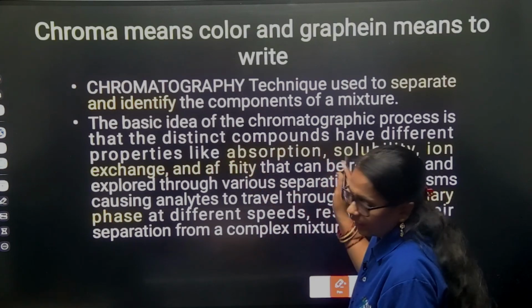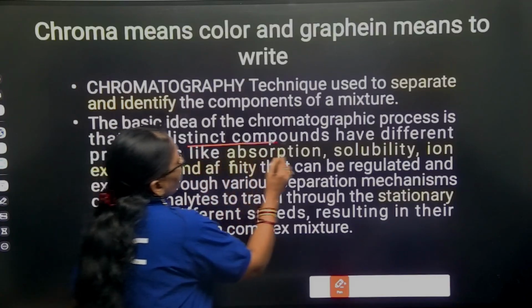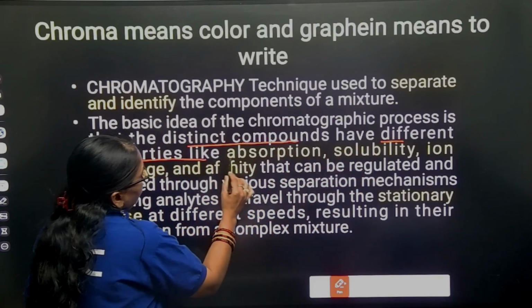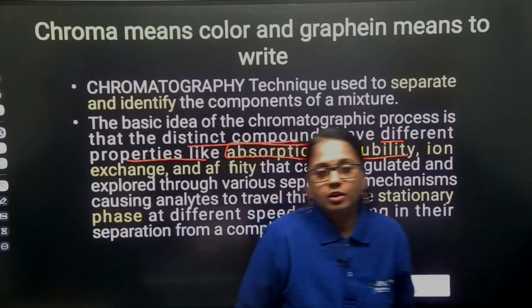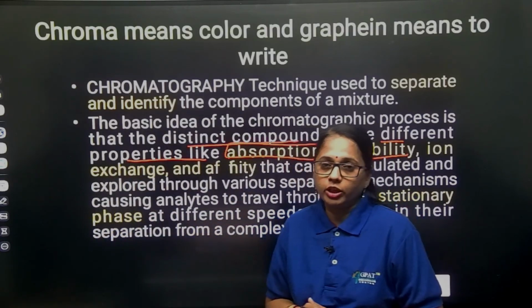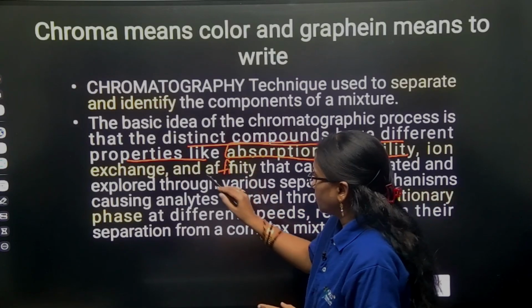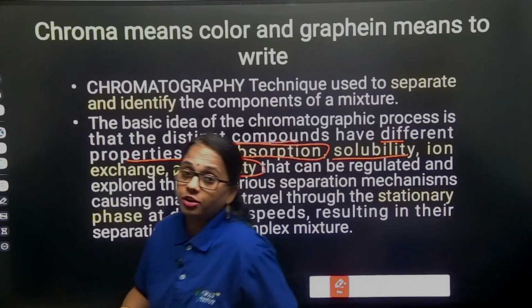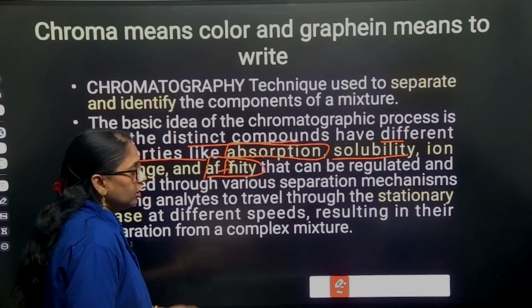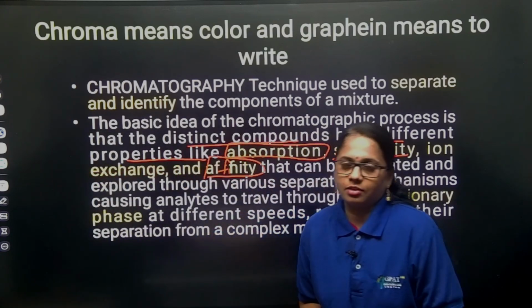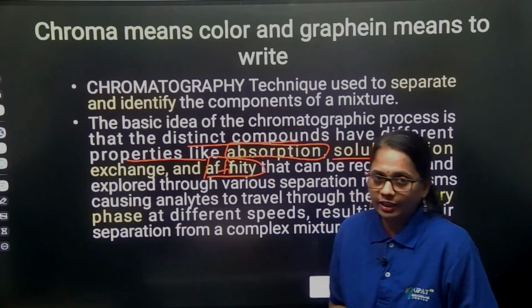The basic idea of this chromatographic process is that distinct compounds have different properties like absorption, solubility or affinities, or otherwise exchange of ions takes place. Some compounds will also have affinity towards some of the stationary phases, the immobilized stationary phases we use, and all these characteristics guide us in selecting which technique to use.